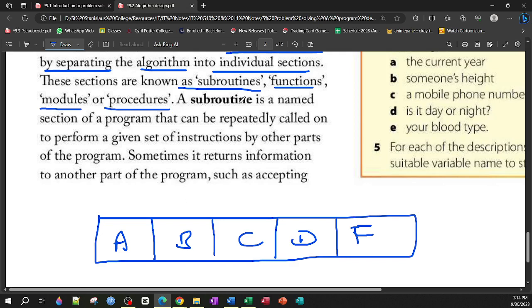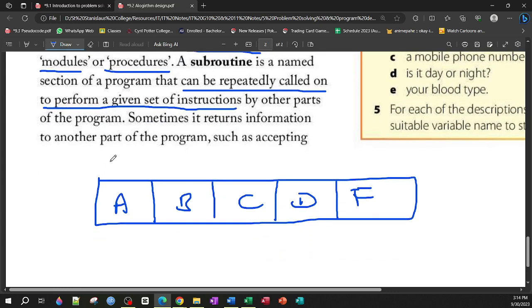Now, a subroutine is a named section of a program that can be repeatedly called on to perform a given set of instructions. There are two reasons why we would break a large program into parts.